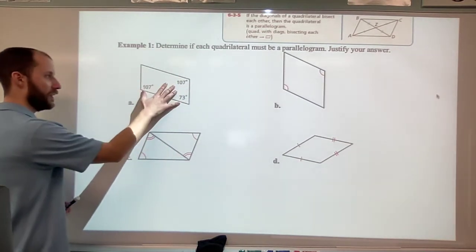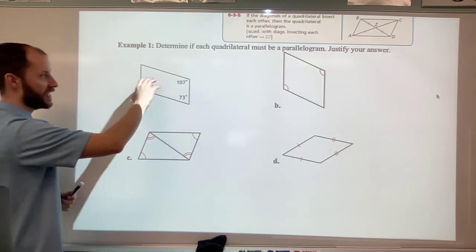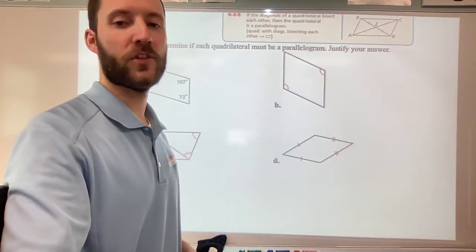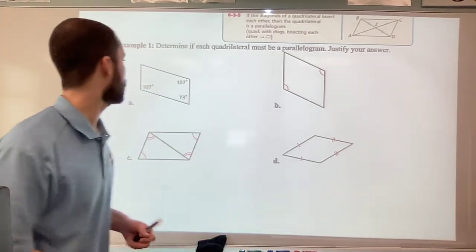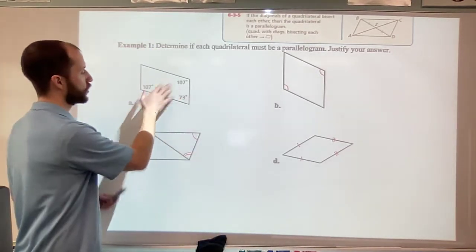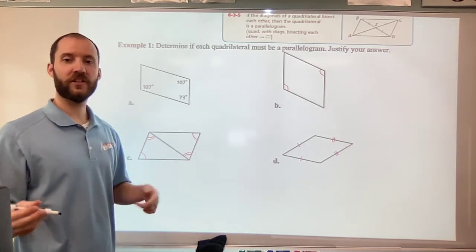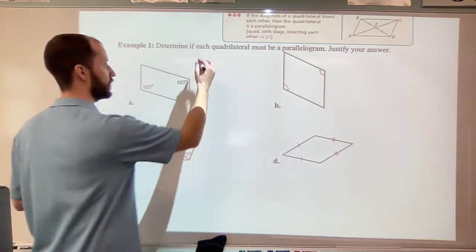So example A, we have this information, 73 degrees, and then both of the angles next to it are both 107. So it's a quadrilateral where one angle is supplementary to the two consecutive angles.